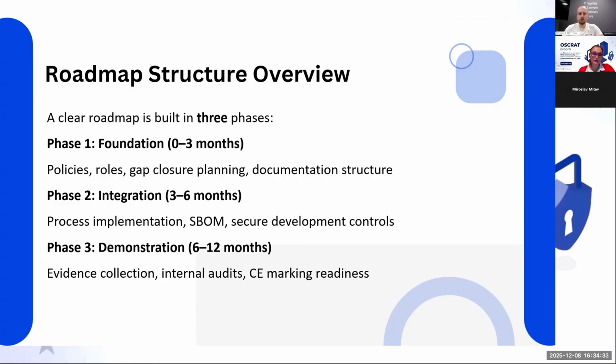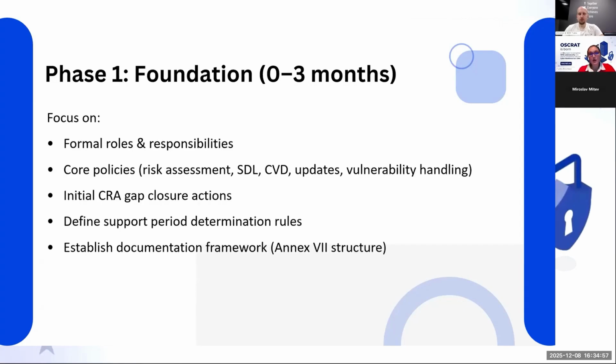Phase 2 integrates these processes into daily work. And phase 3 focuses on evidence, audits, and preparing for the CE marking. This phased approach keeps the project realistic and achievable. So a few words about each phase.